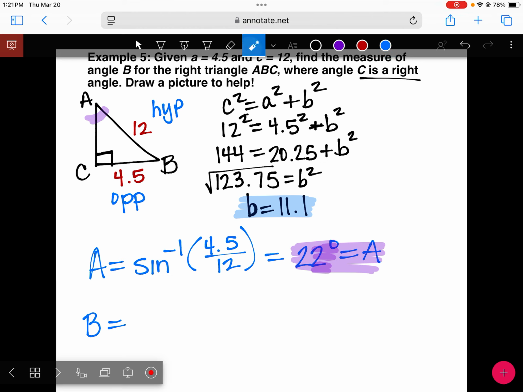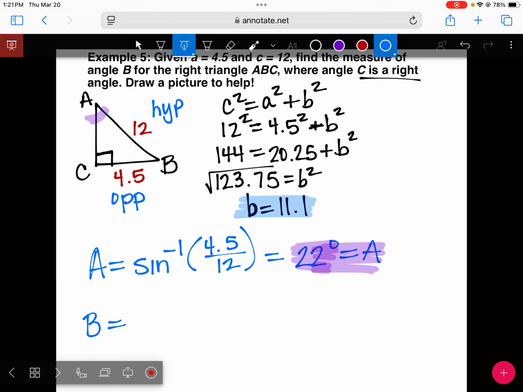Because this is adjacent. Everybody look at the screen. 4.5 is adjacent to angle B, so I wouldn't use a sine. I would use what? If it's adjacent and I know hypotenuse. Cosine. So I'm going to give you two options.